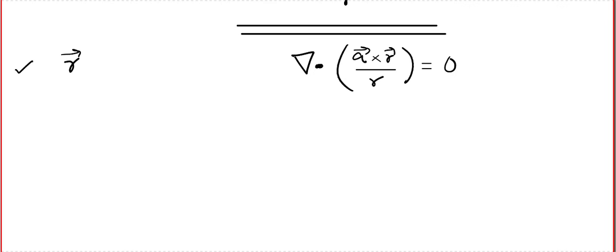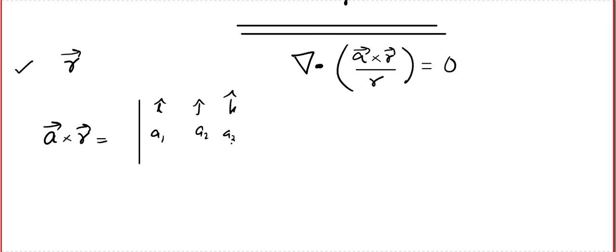So we have to find this a cross r by r step first. So what is a cross r? First of all, you have to do i, j, k, a1, a2, a3. In examination, please explain everything. I am doing it in a continuous format. That's why I am not writing it again and again.